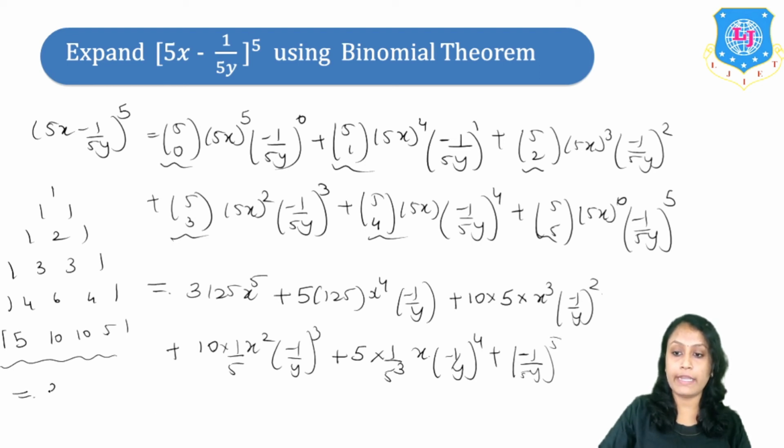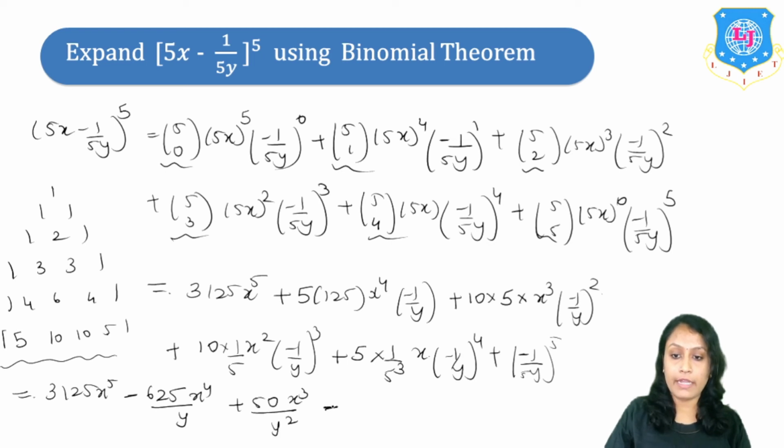So what you will get, 3125x raised to 5. Here we have negative sign. Here what you will get, 625 x raised to 4 upon y plus here 50 x cube. And this minus 1 upon y whole square will become y square. Now negative sign.